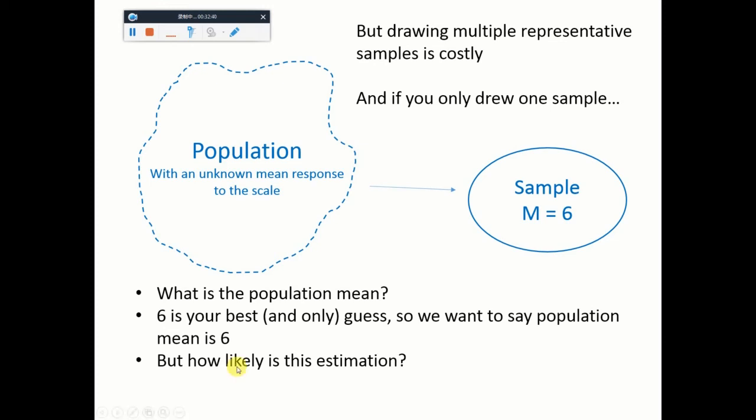How likely is this guess true? In other words, how confident are you with your estimation based on one single sample? That is the core question for statistical inferences. How confident are you?